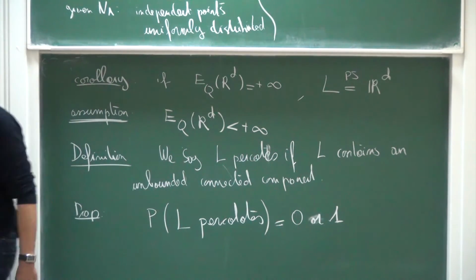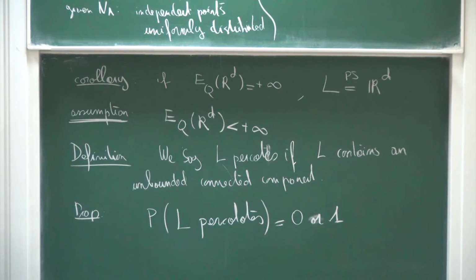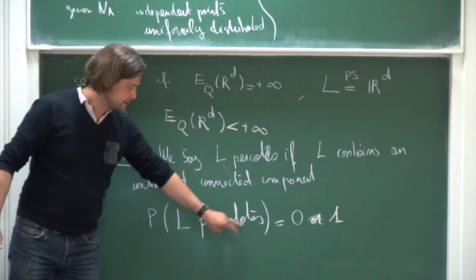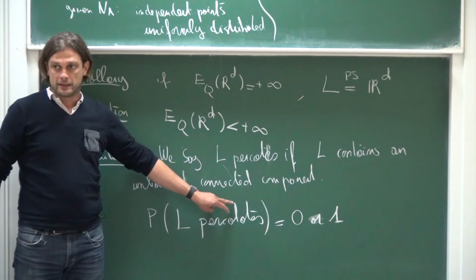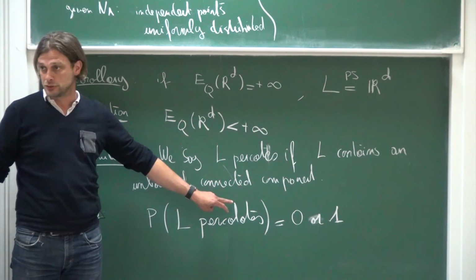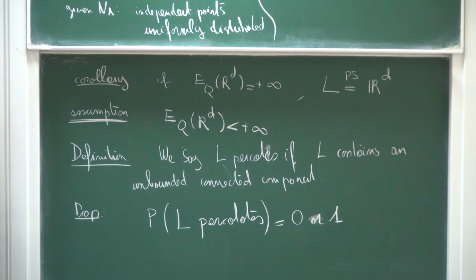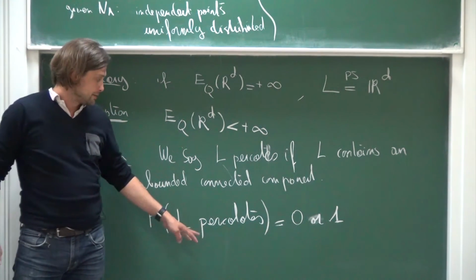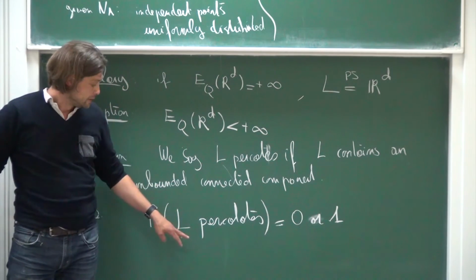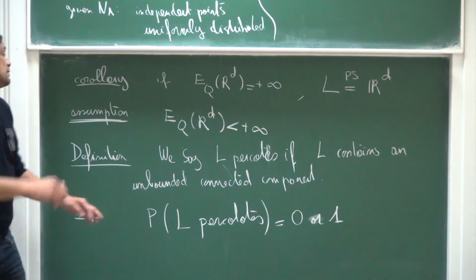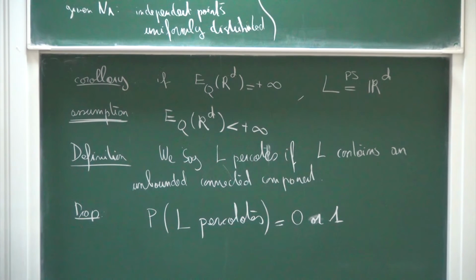Another way to see it is the 0-1 law of Kolmogorov. This event does not depend on a local modification. If you change the Boolean model locally, this event doesn't change, because L percolates means there exists somewhere an unbounded connected component.